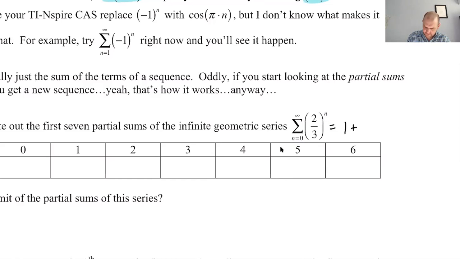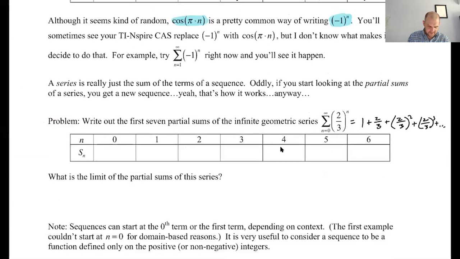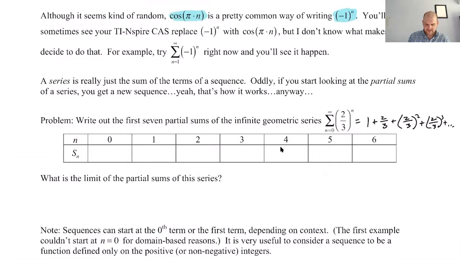Then plus, plug in 1, that'll be 2/3. Plus, plug in 2, that'll be 2/3 squared, plus 2/3 cubed, plus dot, dot, dot. I'm going to let the calculator do this work because there's no chance I'm doing this by hand. We have to find the 0th partial sum up to the 6th partial sum, then see if it has a limit.